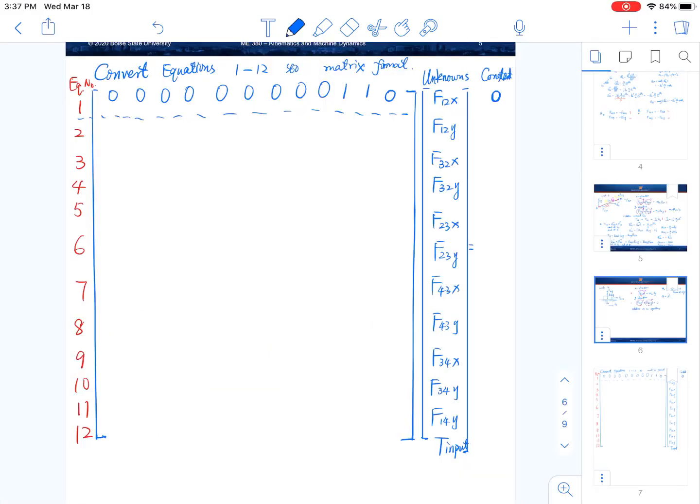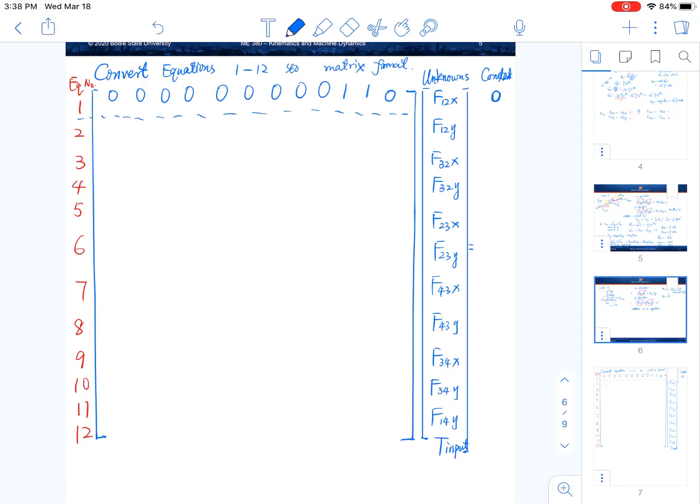So here I try to explain how to convert those 12 equations and unknowns into a matrix format. It's very similar to previous velocity and acceleration analysis, but in this case we just have a lot of unknowns, actually 12 of them. So that means you're expecting a 12 by 12 coefficient matrix and a 12 by 1 column vector for unknowns.